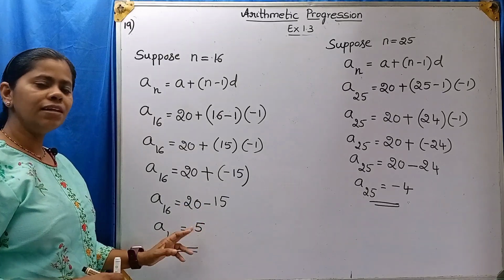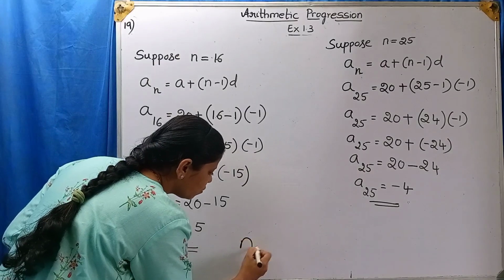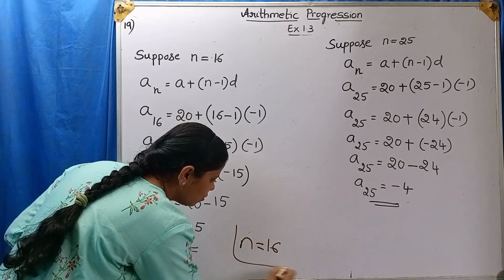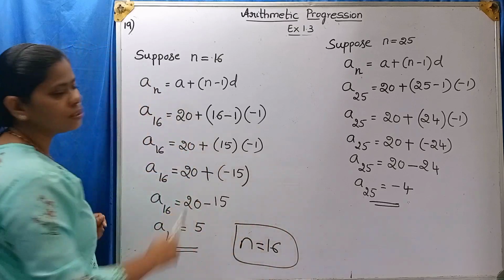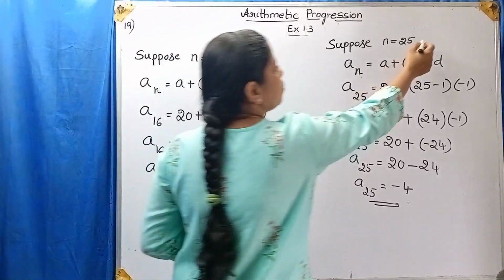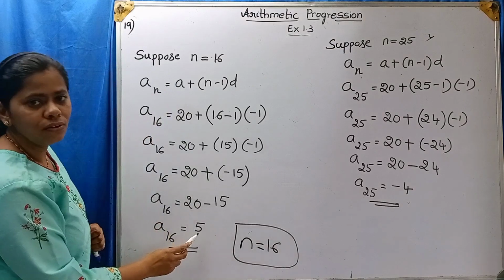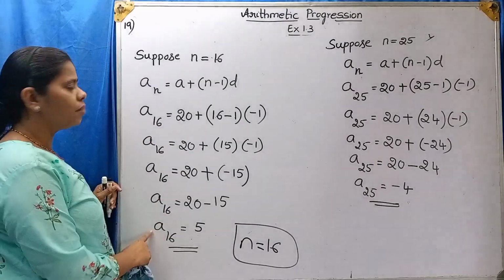For a16 we got 5 as the answer. That is, n is equal to 16. We can consider n is equal to 16. We cannot consider n as 25 because it gives a negative number, and here it is a positive number.